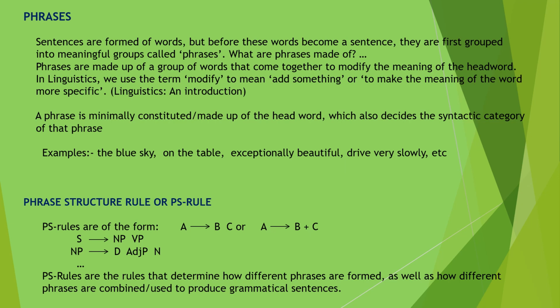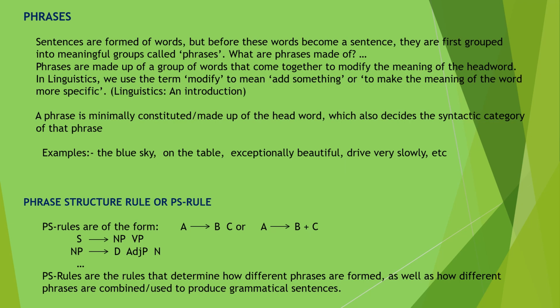So if we talk about the phrase structure rule for a sentence, a sentence has a noun phrase and a verb phrase. Without a noun phrase and verb phrase, it cannot be called a sentence. So sentence is the bigger unit, which is on the left side of the arrow, and it is divided into the smaller units or the sub constituents, noun phrase and verb phrase.